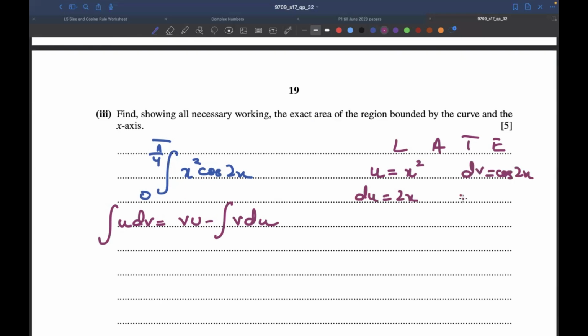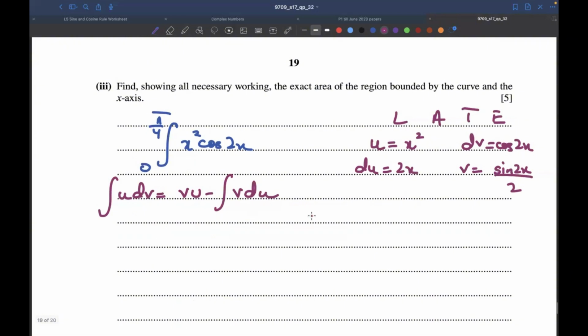The integral of cos 2x is sine 2x, and then we'll also divide this by 2. Now we'll just simply substitute this into the formula. We will get vu, which is x square sine 2x upon 2 minus, and du will become 2x. We can keep the 2 outside, and this will become x, v du.